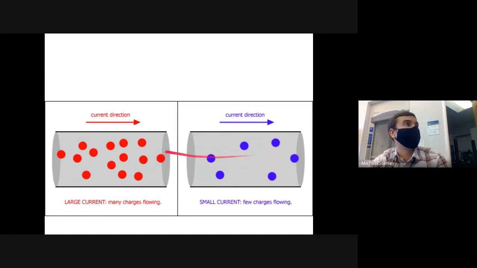That could affect how quickly the current flows. But what else could affect it? So what else could give us a large current besides just having more charges? Is there anything that we could be doing to these charges in order to increase our current?